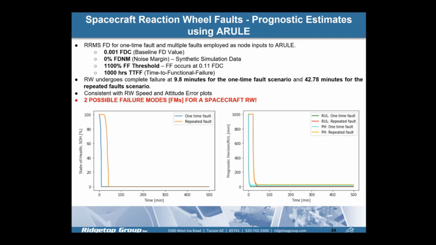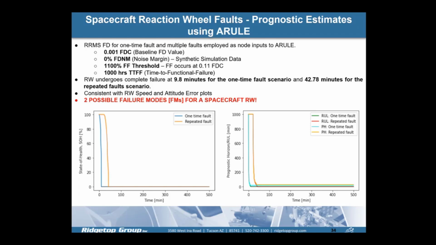By these plots down here, it is clearly evident that the reaction wheel undergoes complete failure in about 9.8 minutes for the one-time fault scenario and 42.78 minutes for the repeated fault scenario, since the time it starts its mission. These were found to be two possible failure modes for this given application.